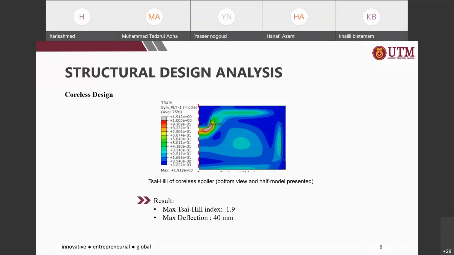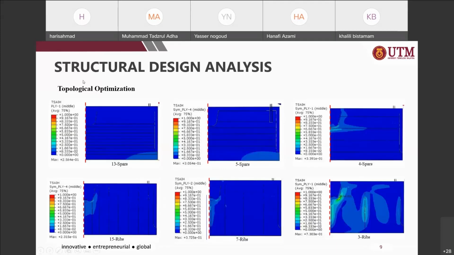For that reason, we try to do topological optimization by using multi-spar configurations as well as multi-rib configurations, as shown here. For the multi-spar configurations, we use 13 spars, 5 spars, and 4 spars to replace the honeycomb, while for the multi-ribs, we use 15 ribs, 7 ribs, and 3 ribs to replace the honeycomb core.